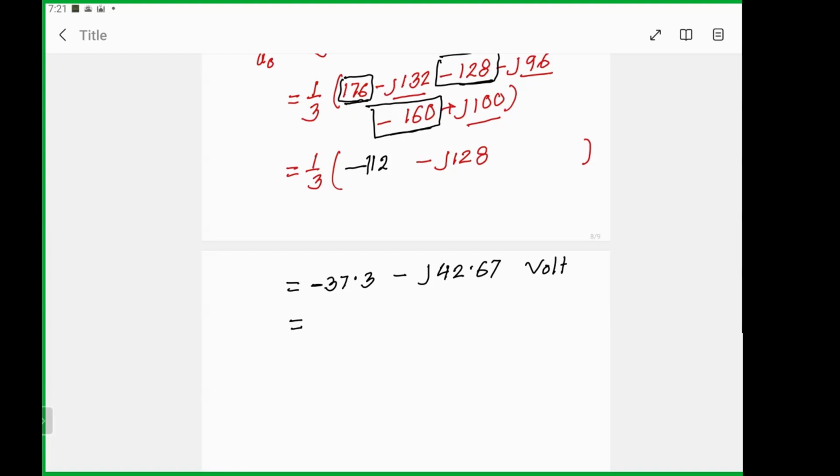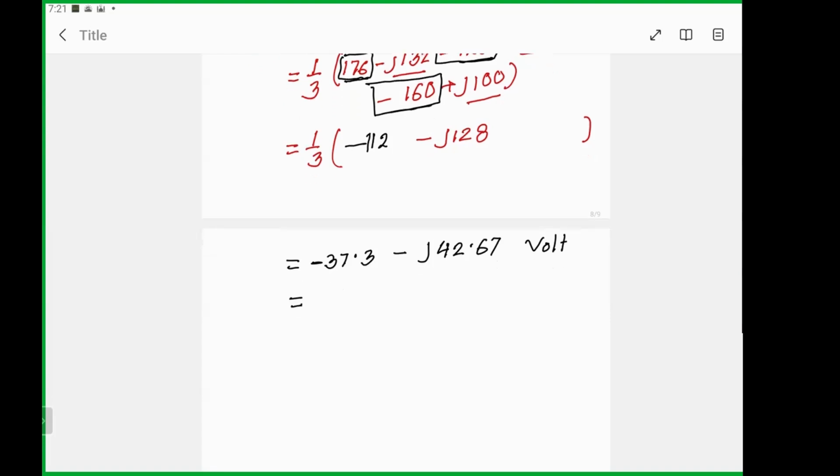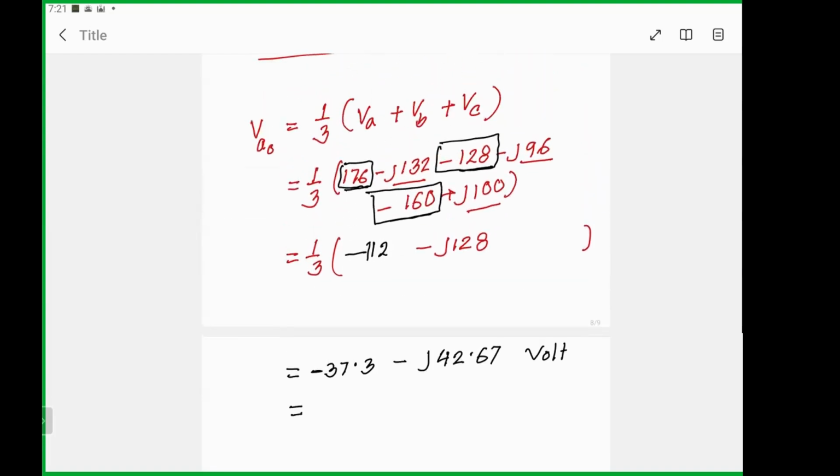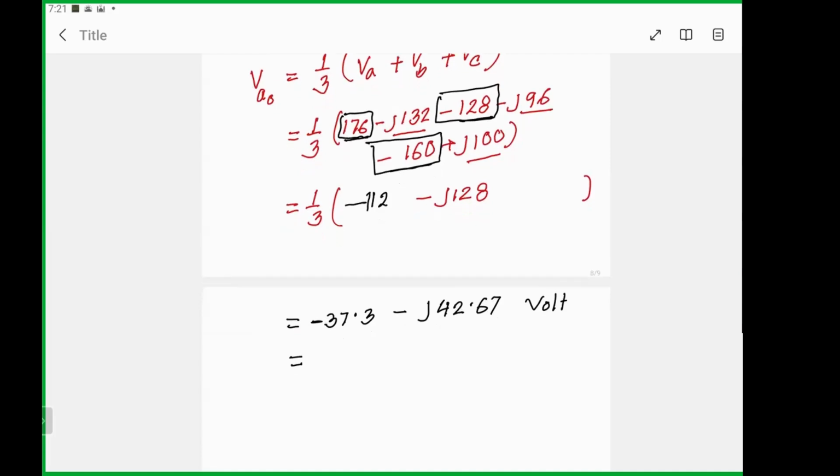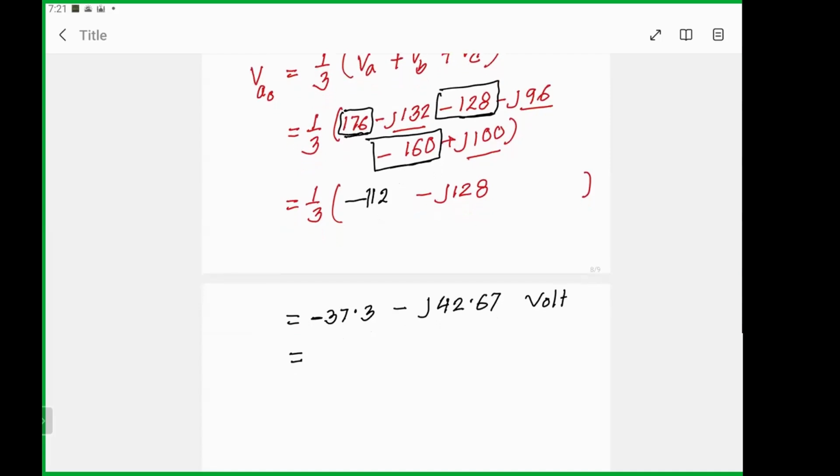Okay, so the next one is a little bit tricky in the sense that you need to do the conversion from polar to rectangular. If you don't find how to operate your calculator, probably the manual will be available online. But if you don't find the manual, you can send me the model.